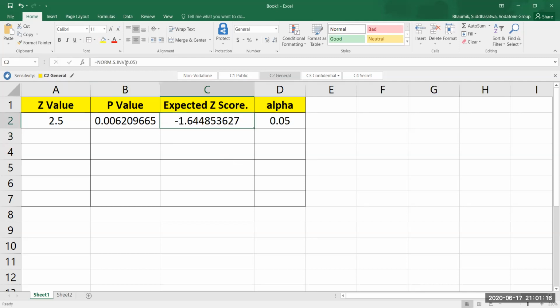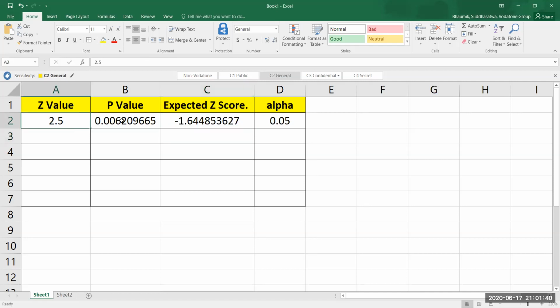I believe this should be minus actually over here because I'm on the other side. No, sorry, this will not be. So using this expected Z score, I can also try to figure out the correlation between the Z value and the expected Z score, and then I'll try to accept or reject the null hypothesis. Now, this is also going to be a difficult thing to do.